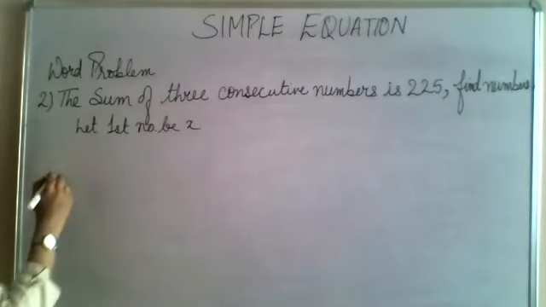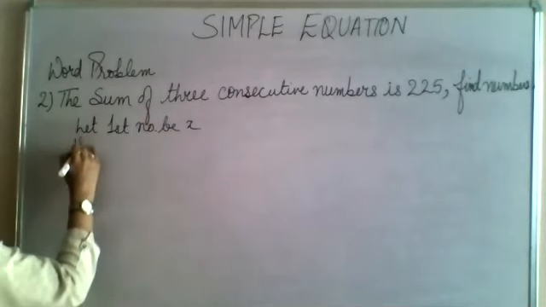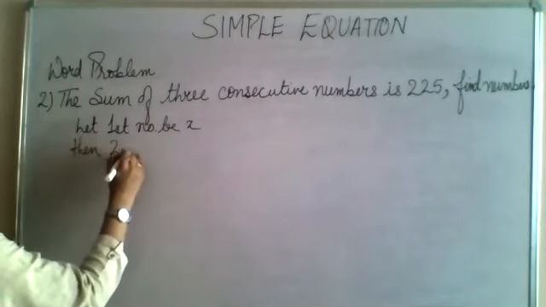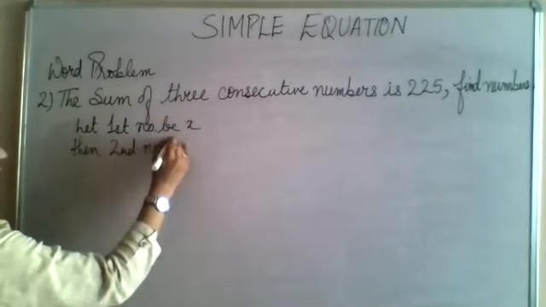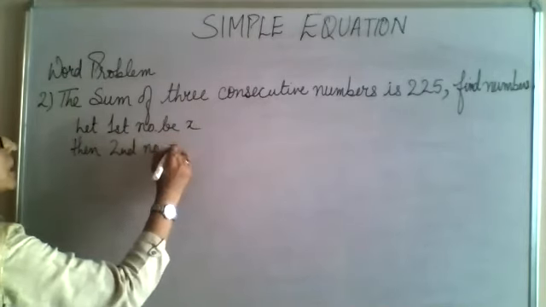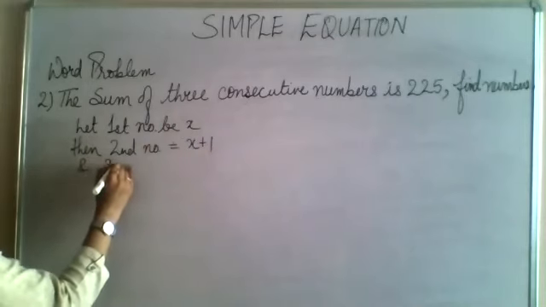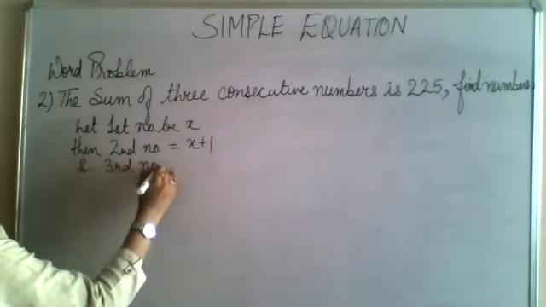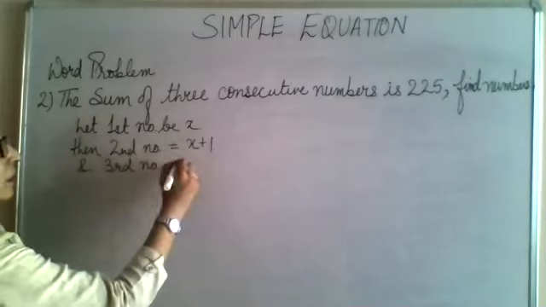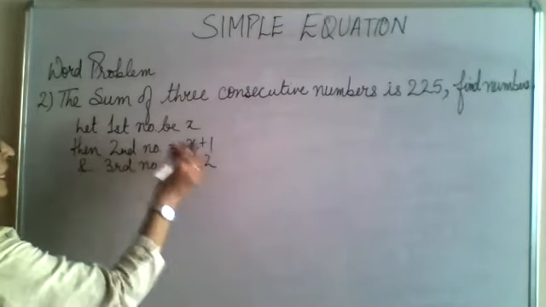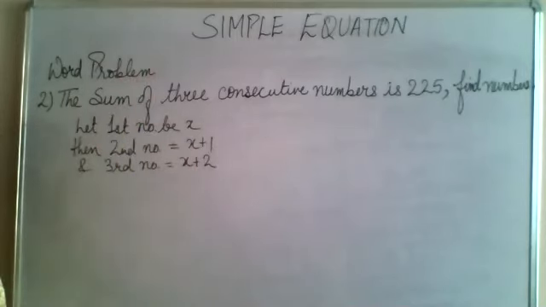Then the second number is equal to x plus 1, and the third number is x plus 2. In that way, you can find infinite consecutive numbers by adding 1 to the preceding.